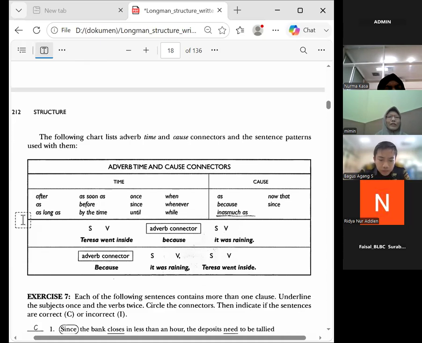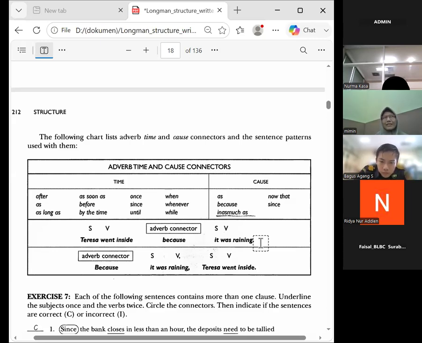With time, we have after, as long as, as soon as, before, by the time, once, since, until, when, whenever, while. And with cause, we have all of these that mean because. So as here means because.